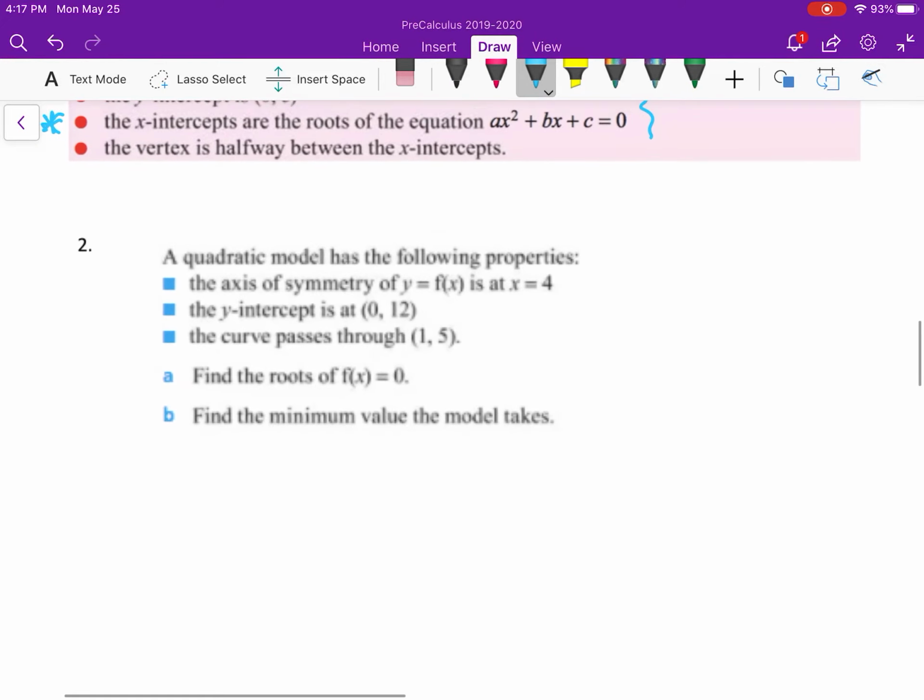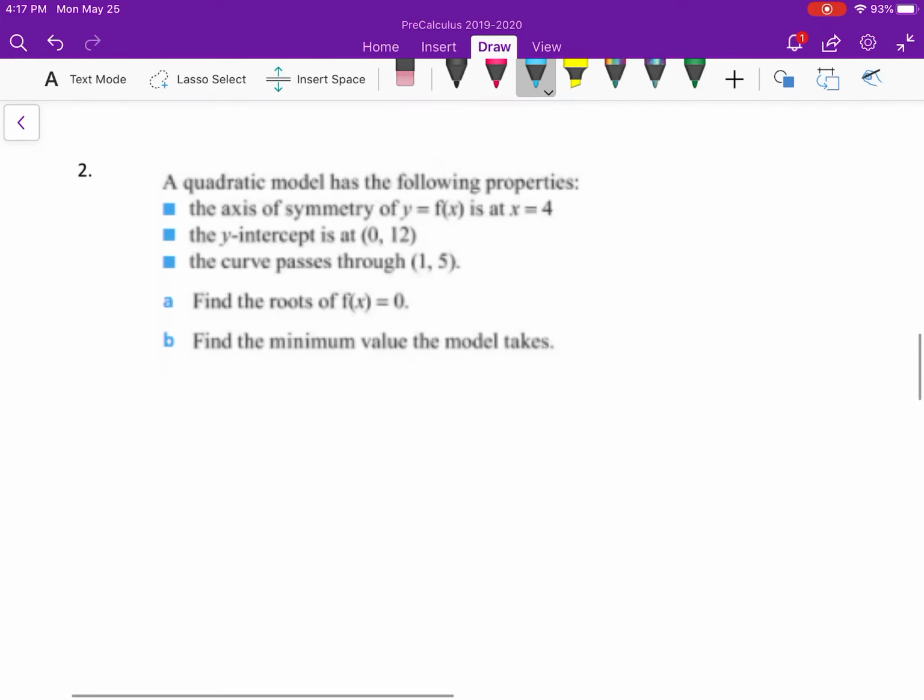So we have a quadratic model that has the following properties. The axis of symmetry of y equals f of x is at x equals 4. All right, so we know we're going to take step 1 and say that -b over 2a is equal to 4. Okay, so that is one piece of information we know. Step 2, the y-intercept is 12, so we know c equals 12.